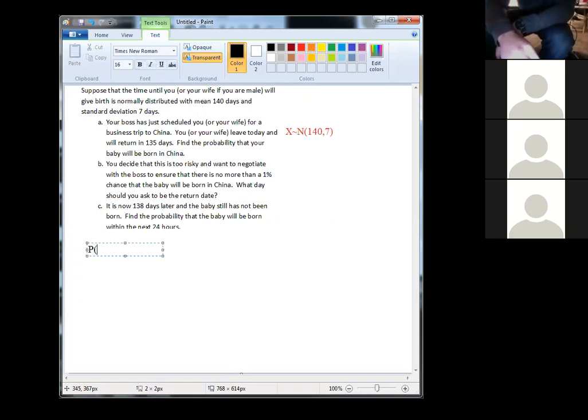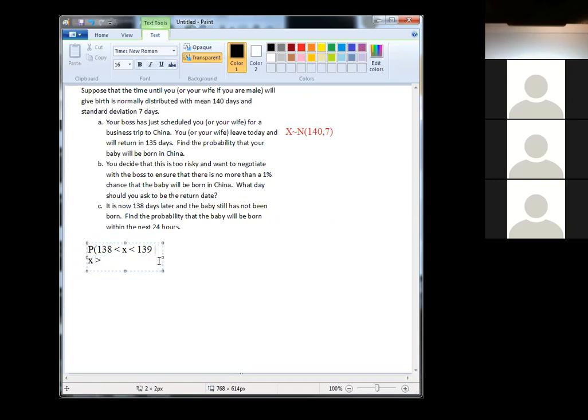We want the probability that the baby is born in between day 138 and day 139. So we want to find the probability that x is between 138 and 139, given that x was greater than 138.